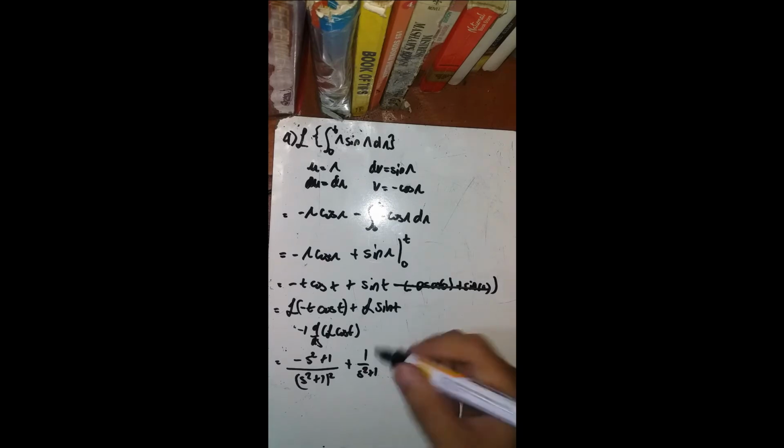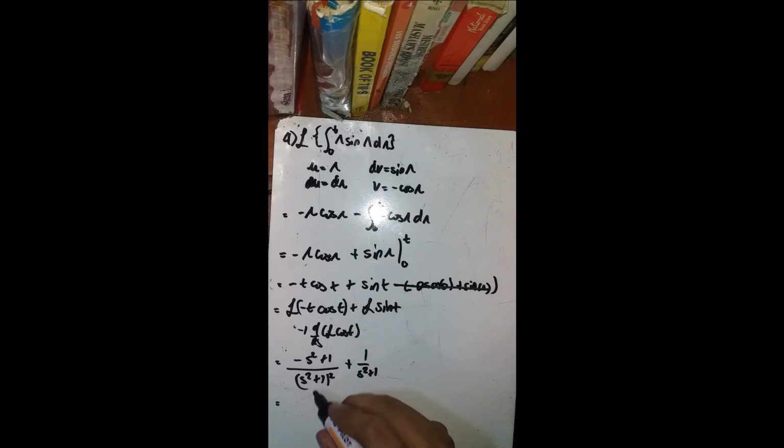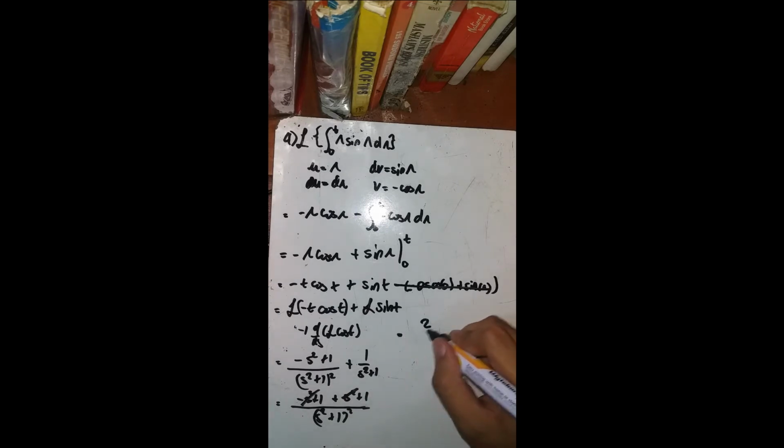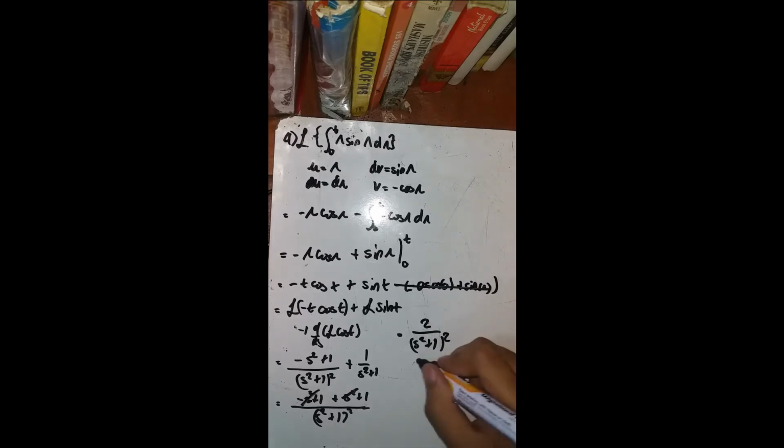We can further simplify. So you have (s squared plus 1) raised to 2 as the least common denominator. And we have here negative s squared plus 1 plus s squared plus 1. Cancel this out. So what's left here is equal to 2 all over (s squared plus 1) raised to 2. So this is my final answer for my number 4.